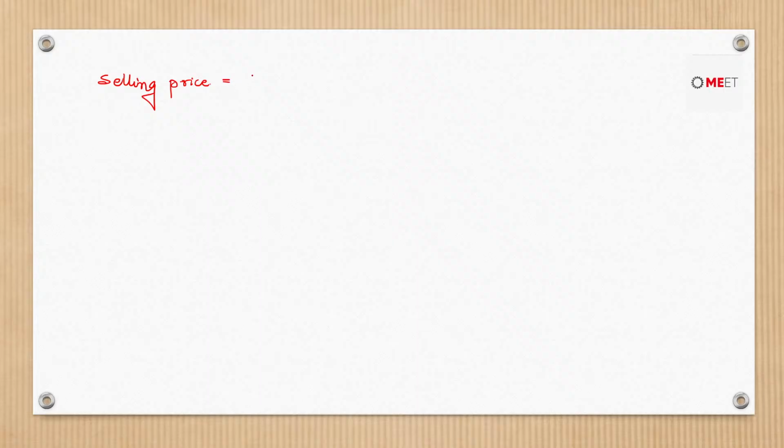is equal to total cost plus profit. And total cost is the summation of office cost and selling and distribution expenses.